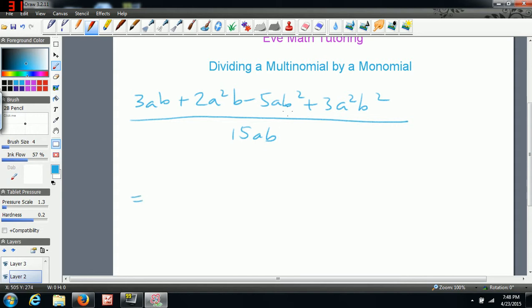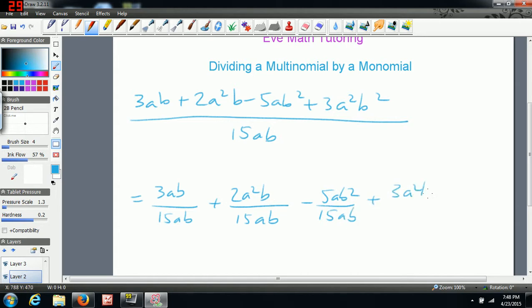Okay, so if we were dividing this, again, we're going to divide each one separately. So we're going to do 3ab divided by 15ab plus 2a squared b divided by 15ab minus 5ab squared divided by 15ab plus 3a squared b squared divided by 15ab.